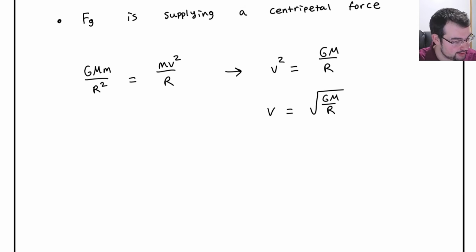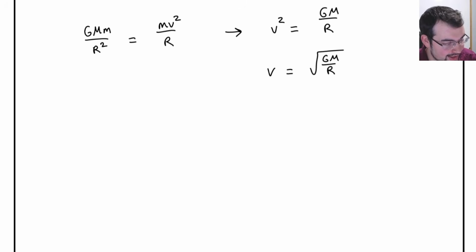So the orbital period, we also know that we're in circular orbit at a constant speed. So if we're in circular orbit, we know that we can use this fact, right? That distance traveled is equal to speed times time, right?